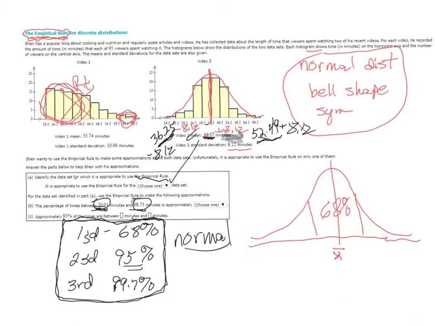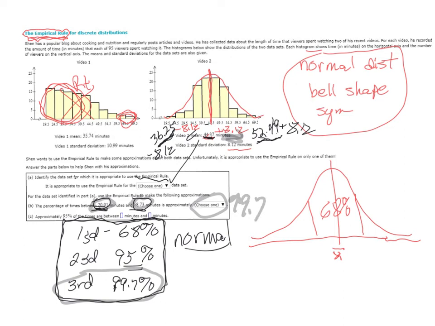I'm pretty sure you're going to have to add 3 standard deviations or subtract 3 standard deviations to get these numbers right here, which would mean 3 standard deviations, approximately 99.7 is what answer I would pick there.